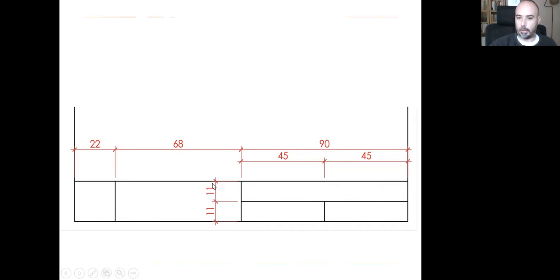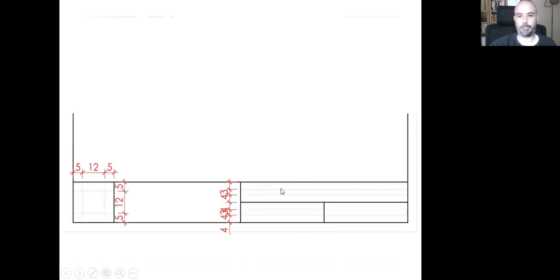First, you need to measure an 11 millimeter gap and then draw this horizontal line. And you need to measure a 45 millimeter gap from left to right and draw this vertical line, so that you will get a nice square, an empty rectangle, and three more rectangles on the right part here.